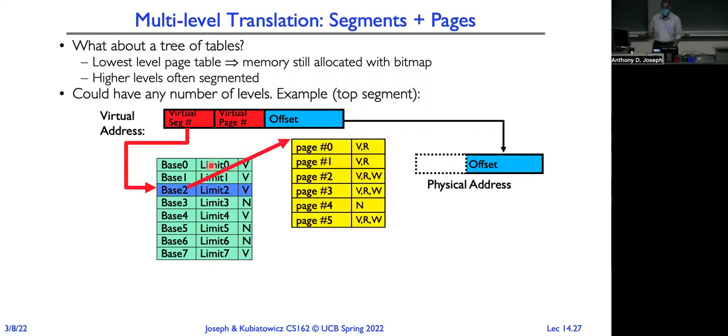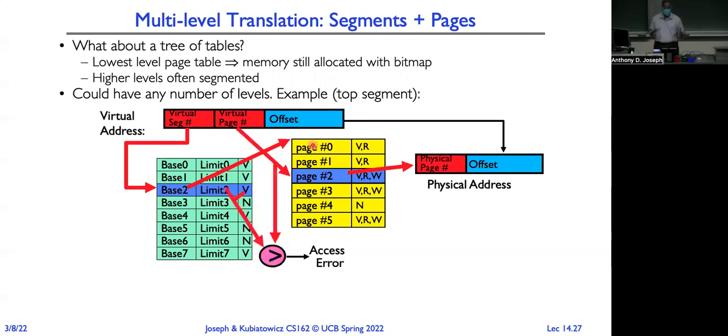Then we use the second level of our address, the virtual page number, to index into that table to find the physical page number. And of course, as always, don't forget, we have to check to make sure we didn't run off the end of the table. We also have to check all of our permission bits to make sure there are no issues with the access mode.